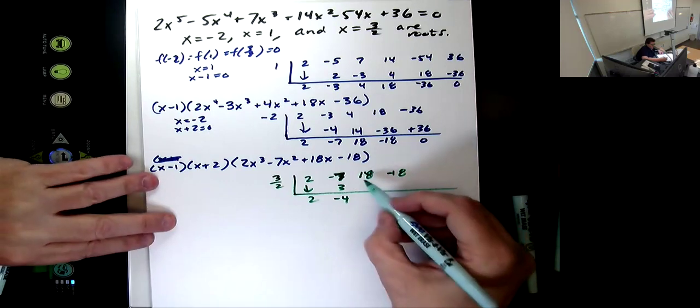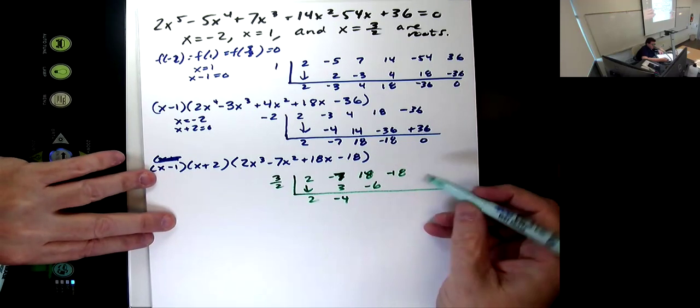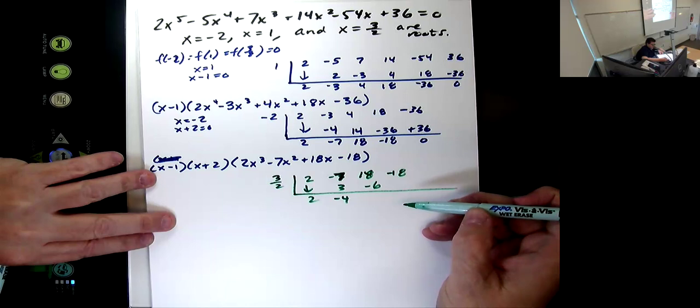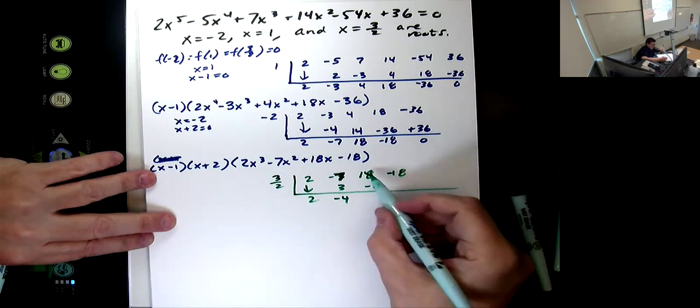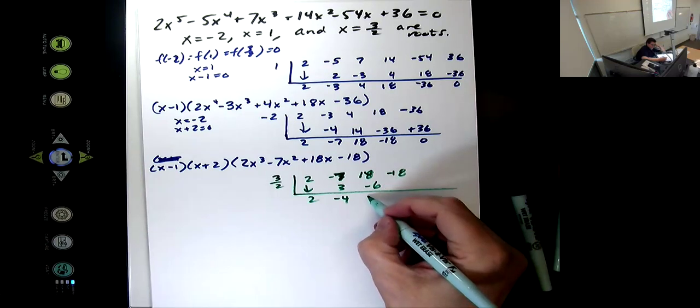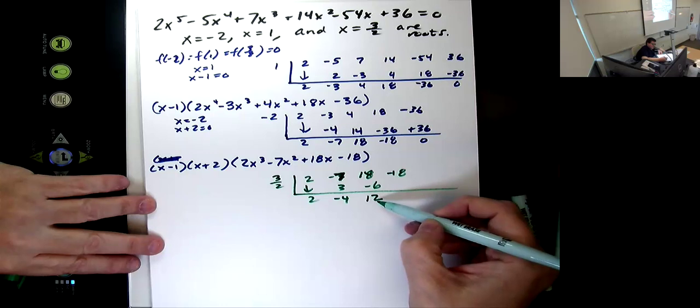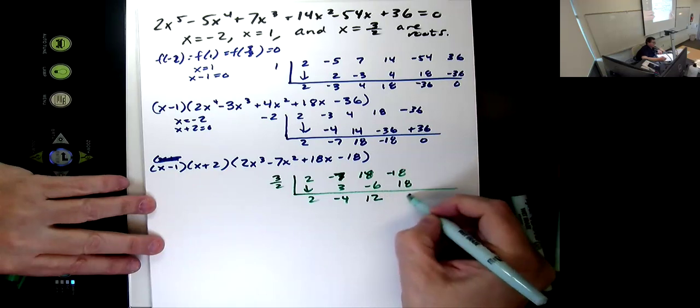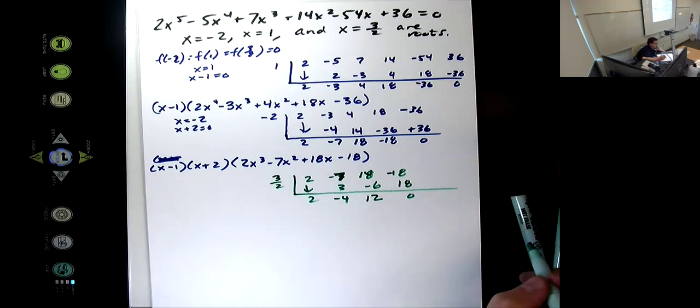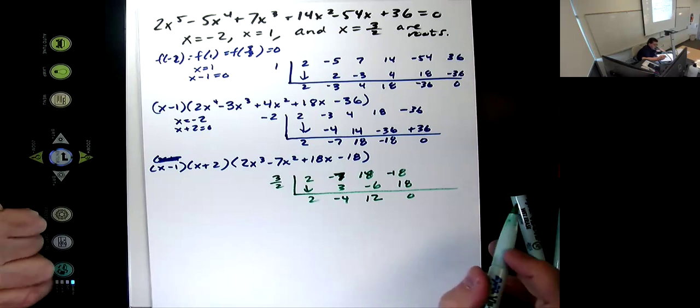We have times -4 is -6. Eighteen minus 6 is 12. This actually works here. 3 times 6 is 18 and 0, and we don't have any. So the 3/2 wasn't too bad at this point.